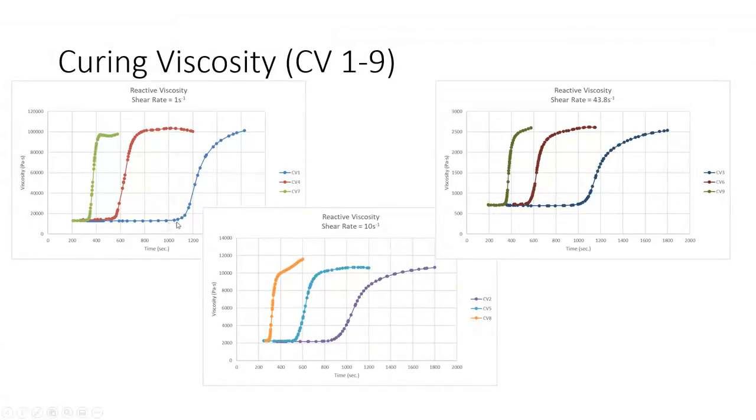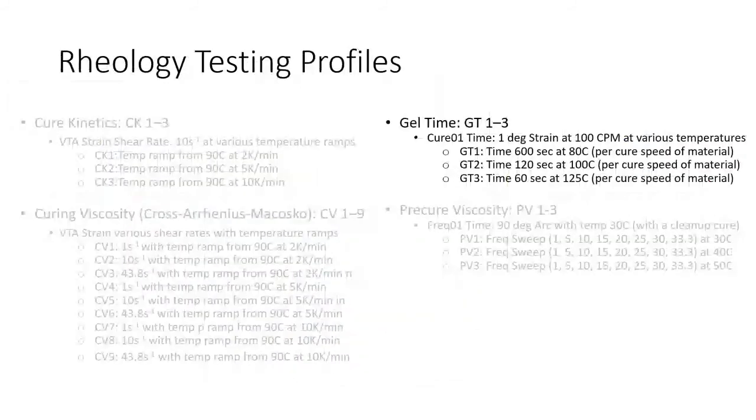All these points have to be input. Now I've printed it out, but you don't put the graph into the computer. You put the individual data points. So it's a cut and paste from a spreadsheet over to the CAE software. All right. And that's what that looks like. Curing viscosity gives us that Cross-Arrhenius-McCosco input.